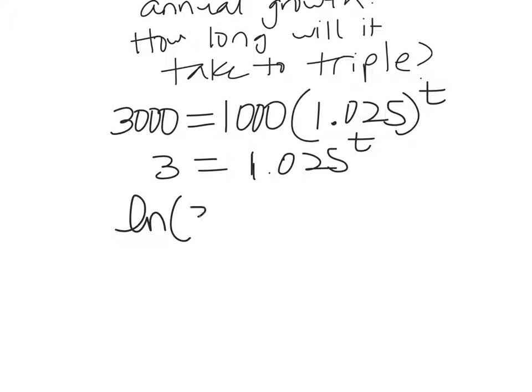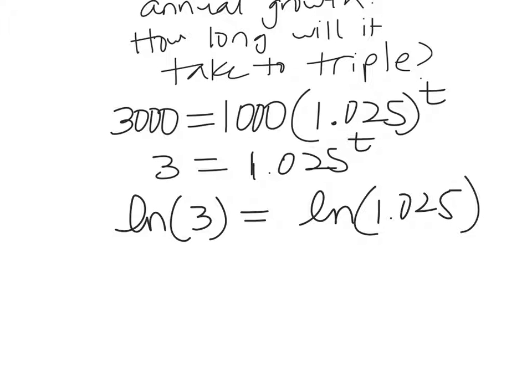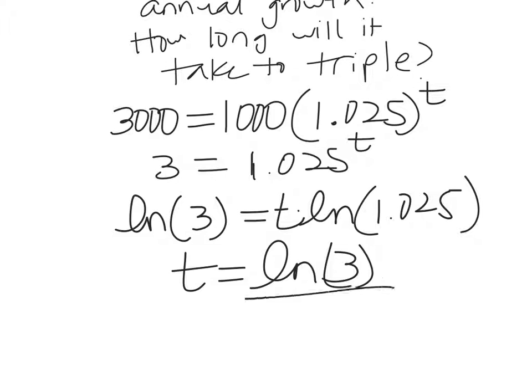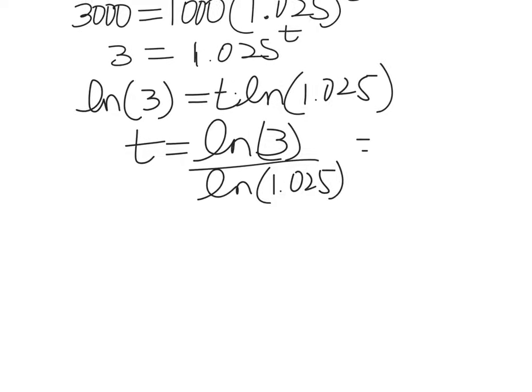So you get ln of 3 equals natural log of 1.025 to the t, but the t comes down to the front, and then divide by the natural log of 1.025. So t will equal, and you could do regular log or natural log, we'll still get the same answer. What'd you get? Did you get it already? 44.1? 49 years. Wow, that's a long time.